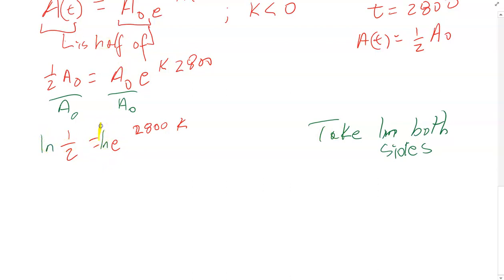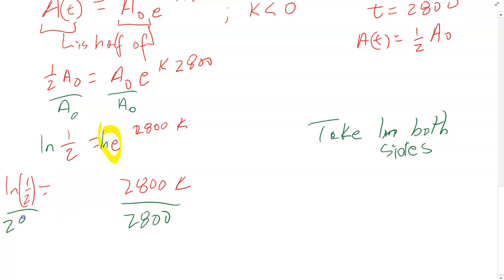So 2800k is equal to ln of 1/2. And so finally, to get k by itself, divide both sides by 2800. We are left with k equals ln of 1/2 over 2800.